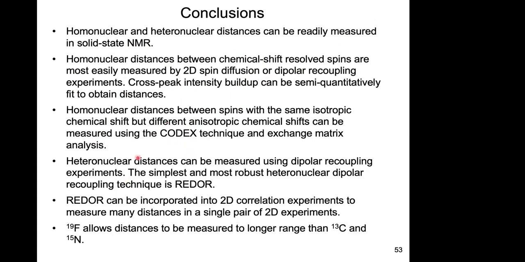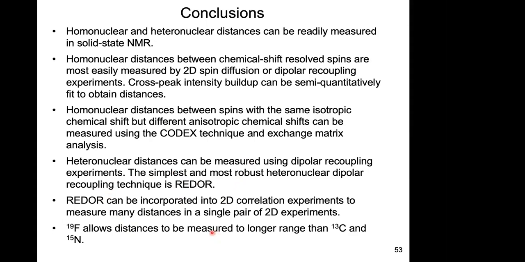The heteronuclear distances can be measured using dipolar recoupling. The simplest and most elegant, most robust heteronuclear recoupling technique is really REDOR, because of this universal curve feature, and REDOR can be incorporated into various 2-dimensional correlation templates. So it's a very versatile technique. You can insert REDOR into different things.